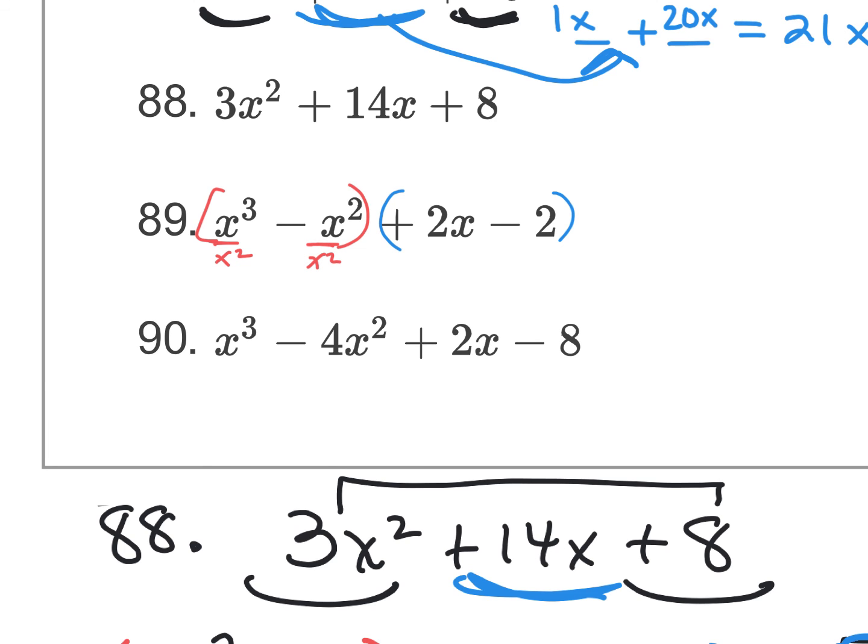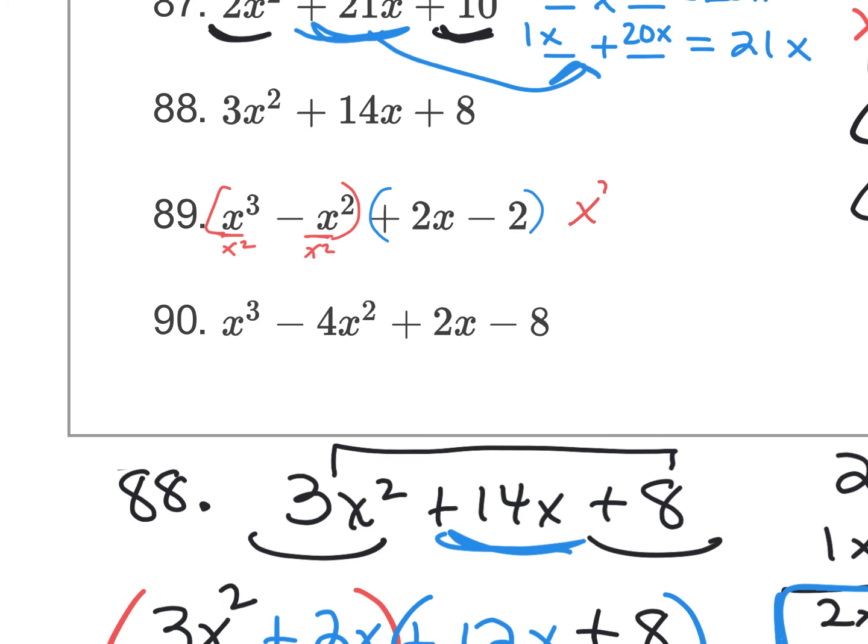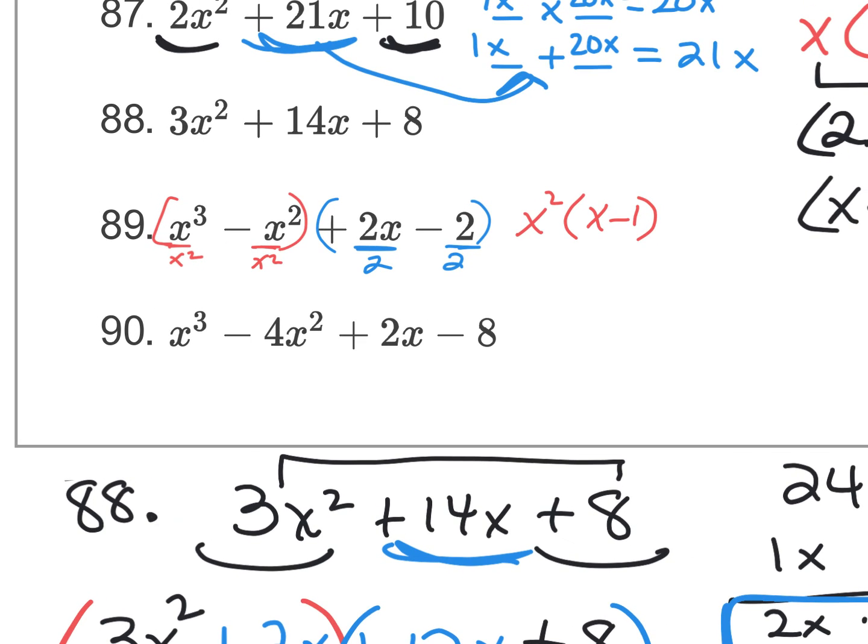So here I'm going to get x squared, and then divide it and I get x minus 1. GCF of the blue group is going to be 2. So then I'm left with 2, divide, and again I still get the same thing. Put these two together, x squared plus 2, and then the x minus 1.